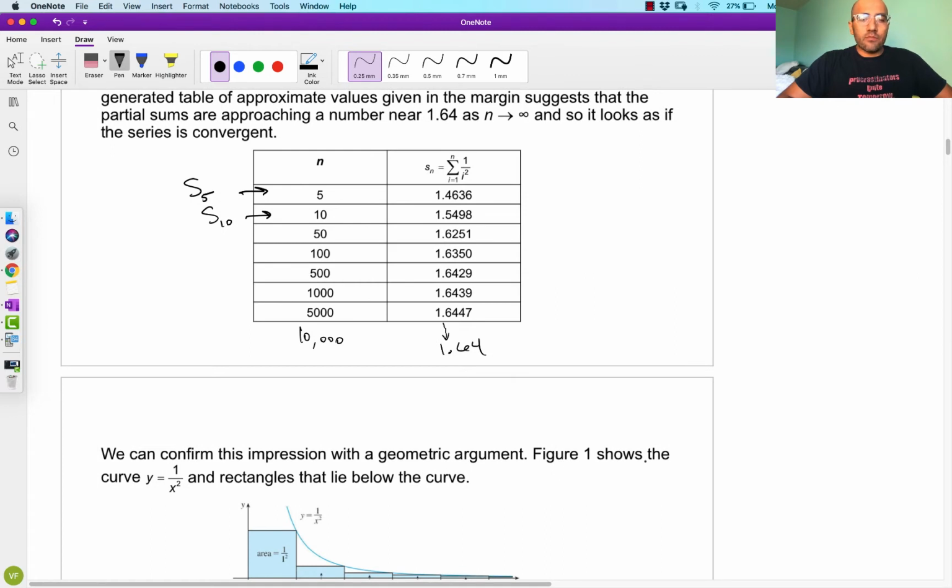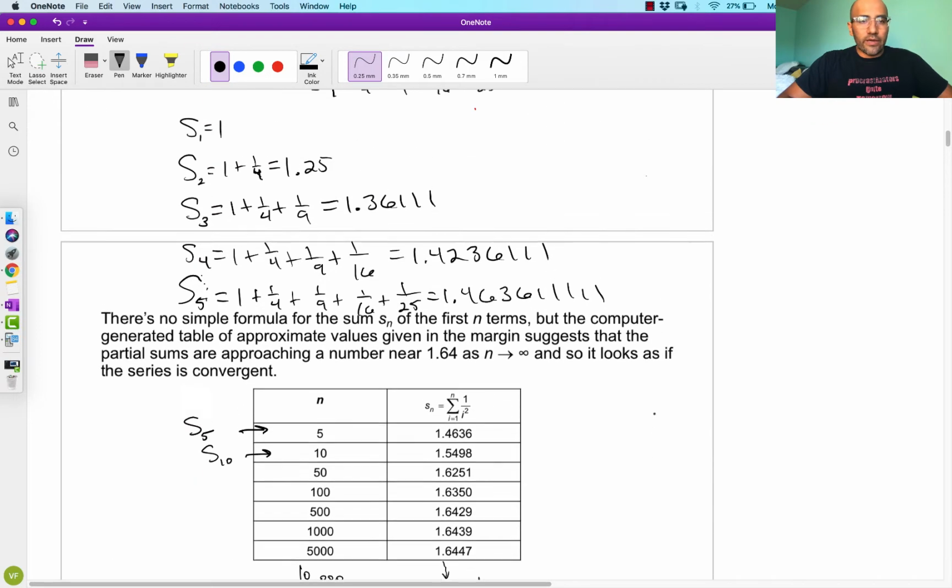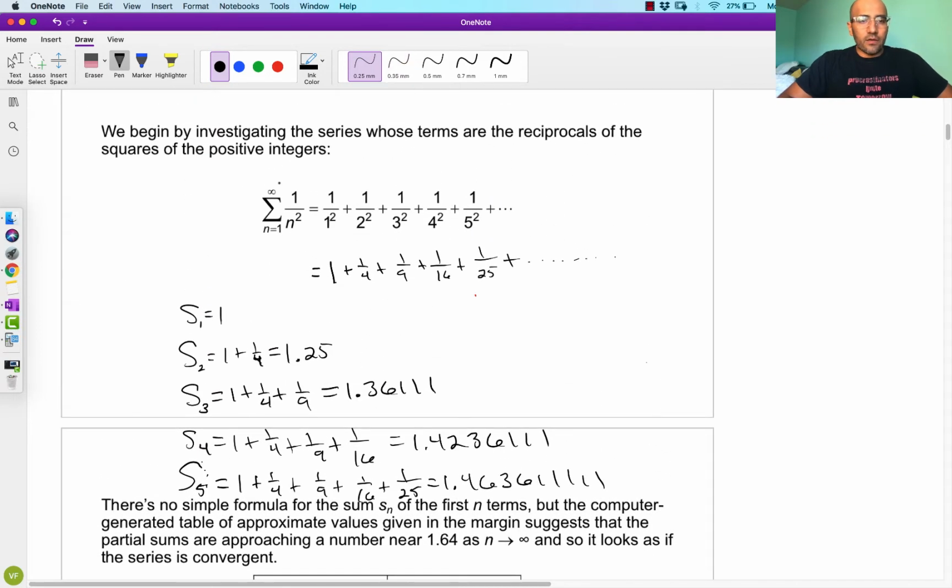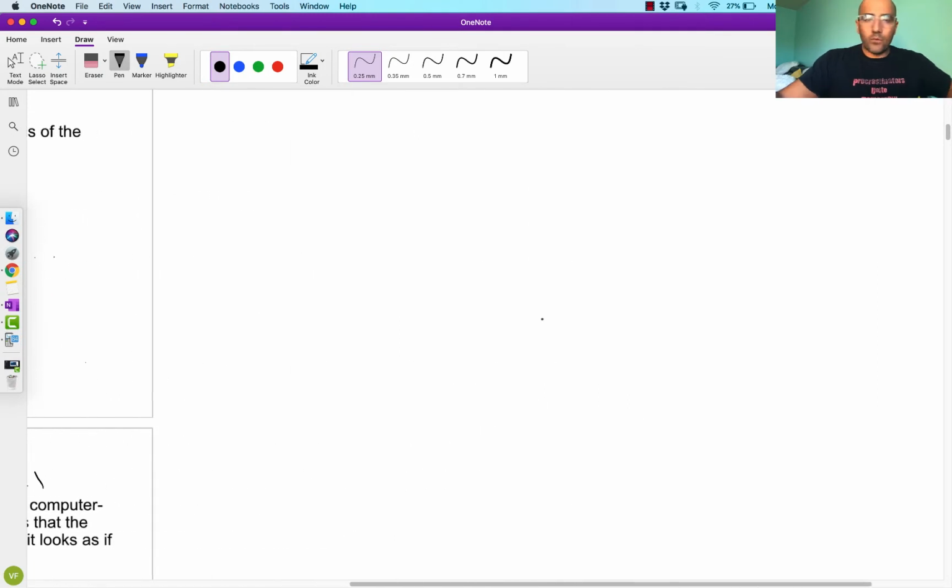We can confirm this impression with a geometric argument using the figure below. Remember that we're working with this series, the sum of 1 over n squared as n goes from 1 to infinity.